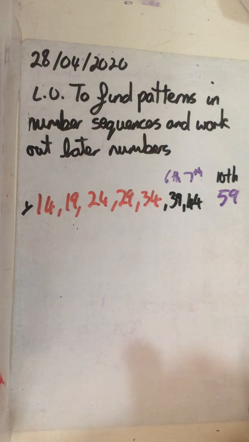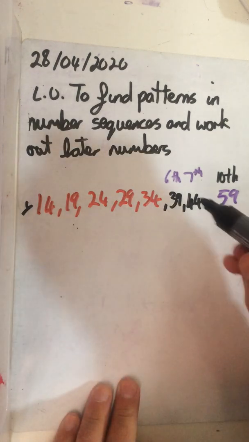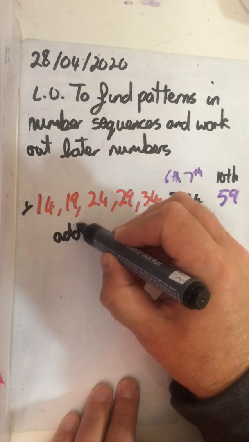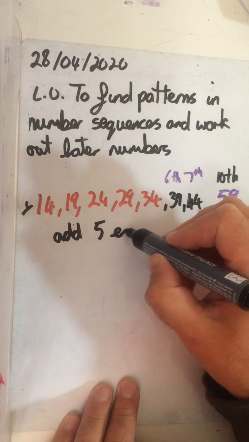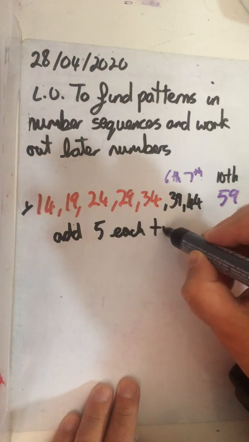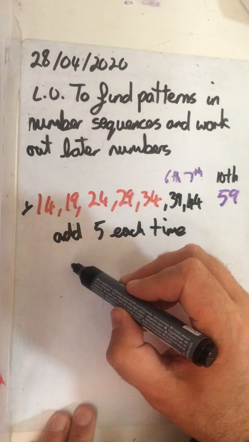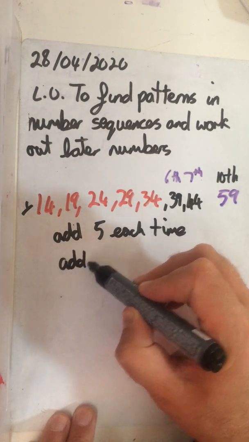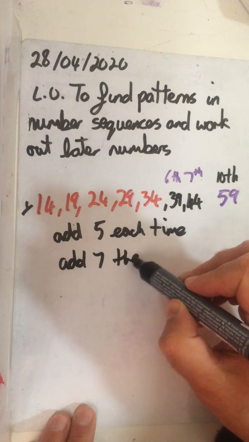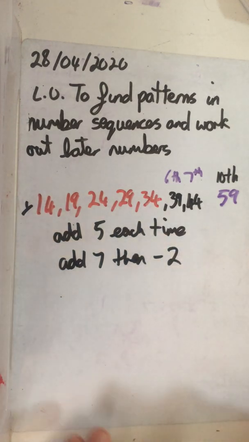Then you have to come up with a rule for it. There's a simple rule for this one. It's add 5 each time. That's the rule. You could come up with a fancy rule if you wanted to. You could put add 7, then take away 2, couldn't you?